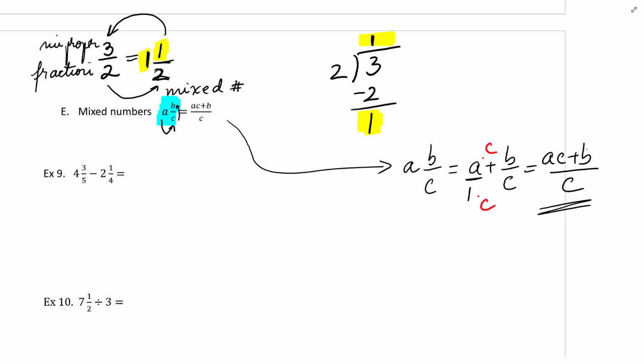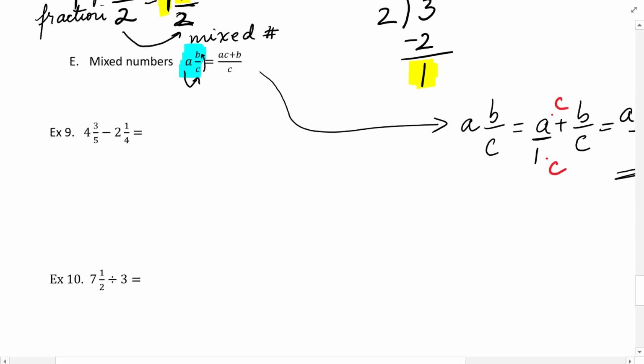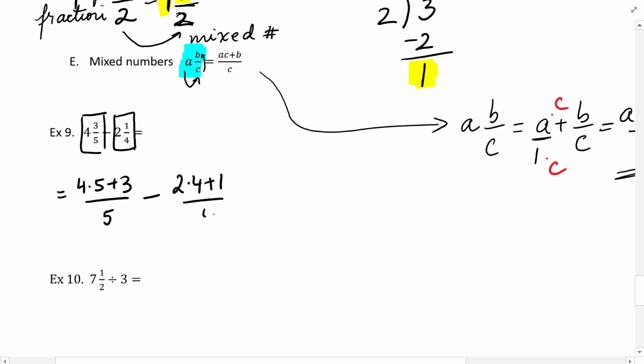So let's take a look at example 9. We have 4 and 3/5 minus 2 and 1/4. So I'm going to change this into an improper fraction by doing 4 times 5 plus 3 over 5 minus, let's do the same with this one, 2 times 4 plus 1 over 4.